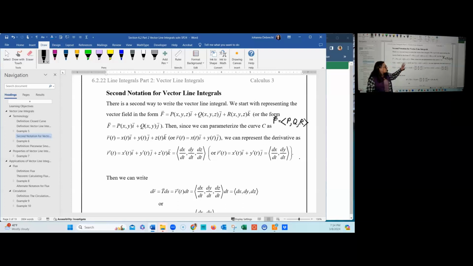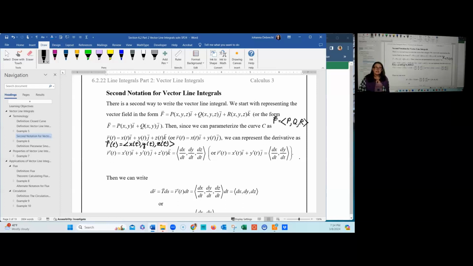Now, we can parameterize the curve C as well, as the vector ⟨x of t, y of t, z of t⟩. Or again, if we're in 2 dimensions, ⟨x of t, y of t⟩.